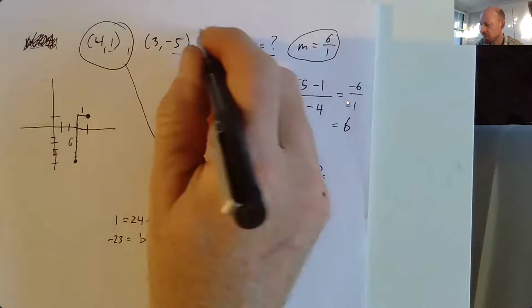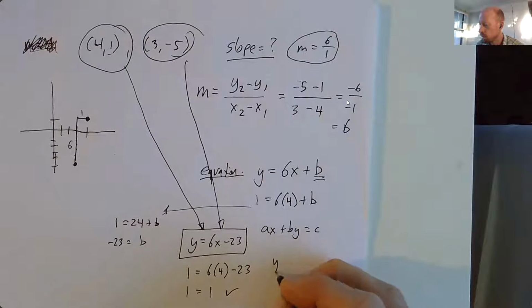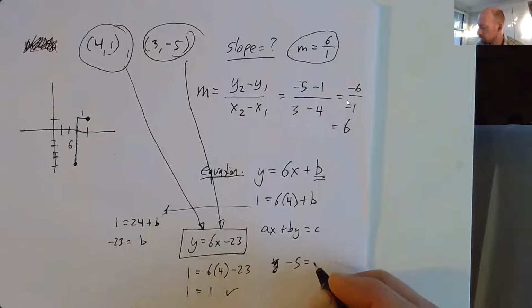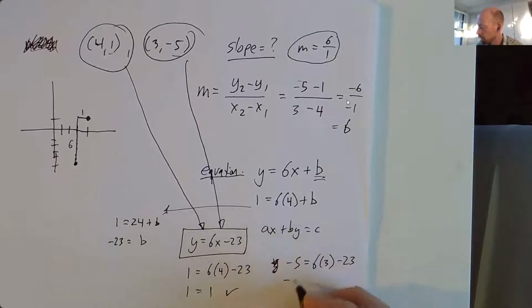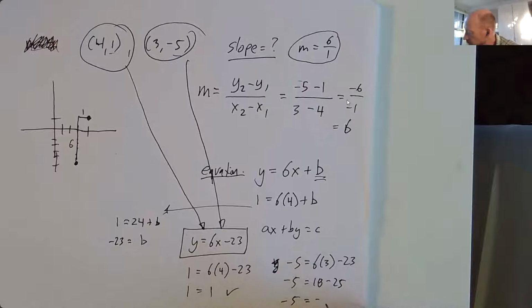And we can check this one as well. Y is minus 5. So minus 5 should equal 6 times 3 minus 23. Minus 5 equals 18 minus 23, which is true. Oh, what did I write, 25? I said 23.